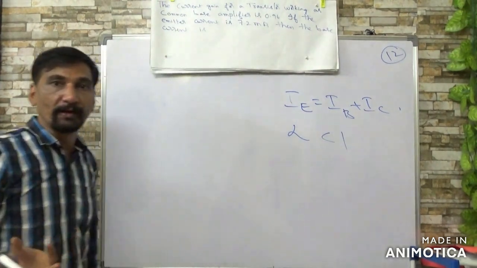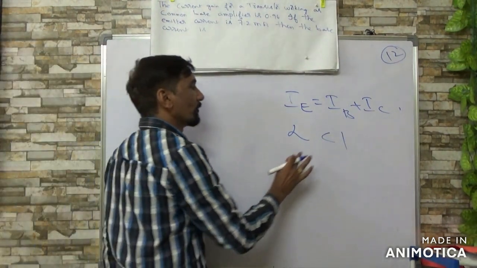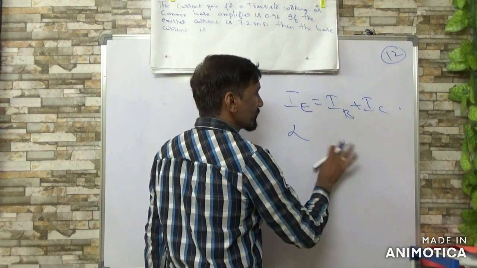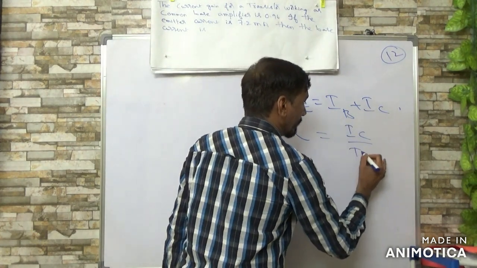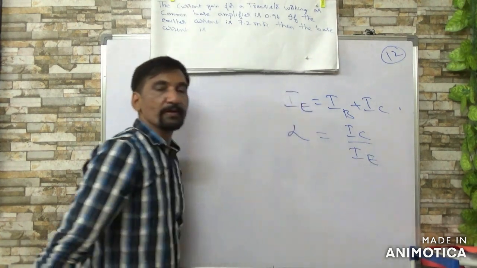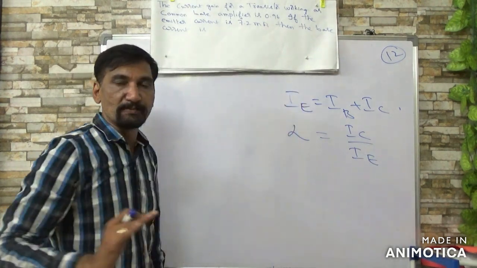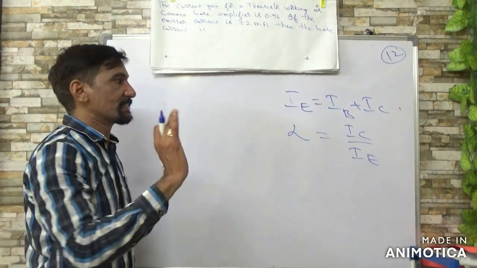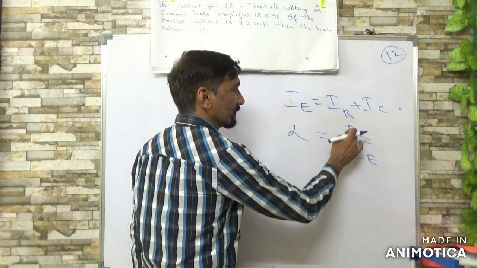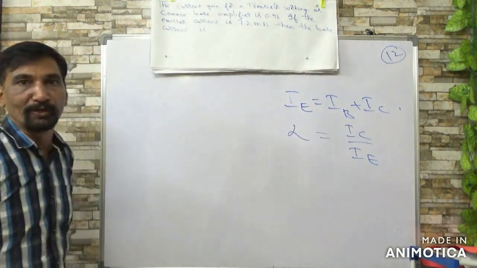Okay, greater than 1, beta. And you know about alpha. Okay, so alpha is equal to collector current by emitter current, because emitter is having maximum current, followed by it next collector, least base. No? So that is why this value will become less than 1 only now.